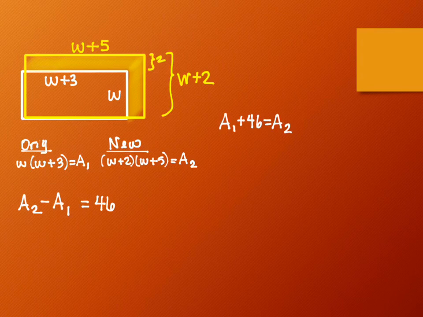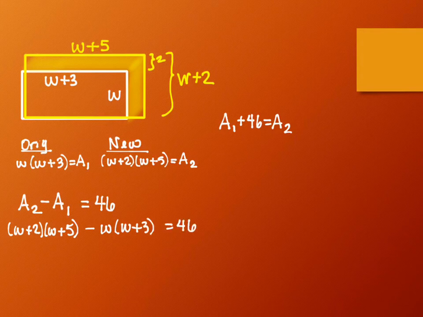So the area 2 is W plus 2 times W plus 5. The area 1 is W times W plus 3. And this is supposed to equal 46. Okay, so we're going to do some algebra and distribute and simplify things out. I'm going to multiply first and outer.